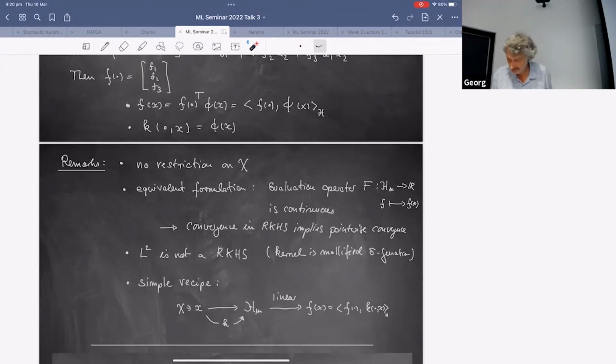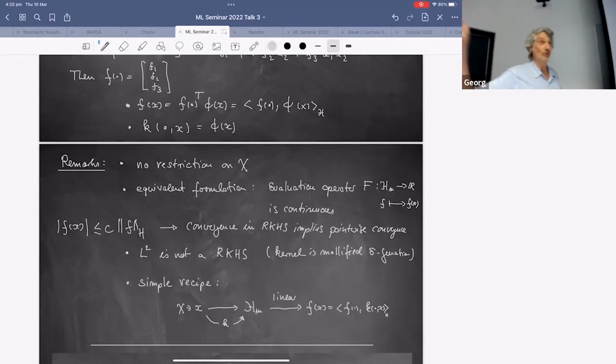That means that there is a constant C such that I can bound the functional value at an X by the norm in Hilbert space. Okay, so you get pointwise convergence, which is very nice. That's what you want, right? If you converge in Hilbert space, you also get convergence of the functional values.